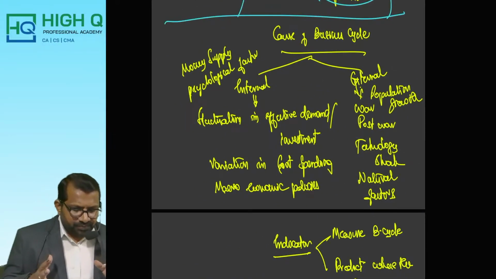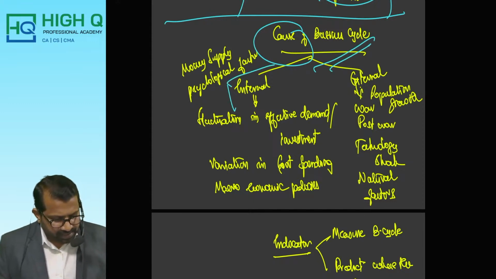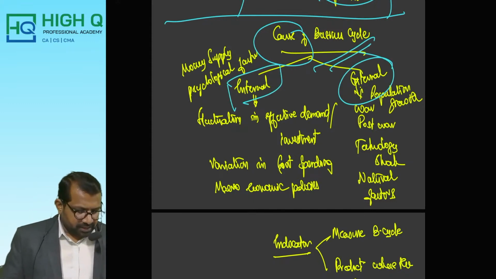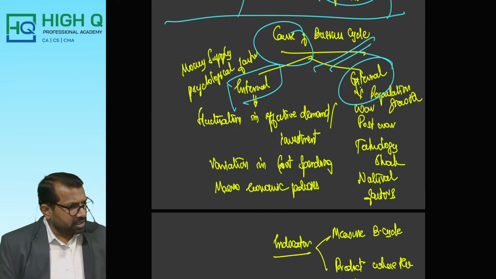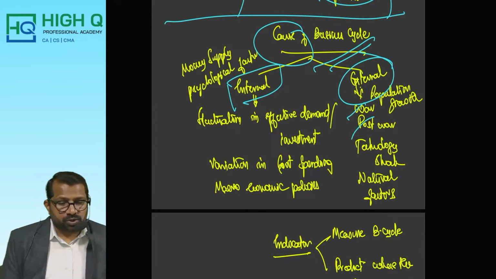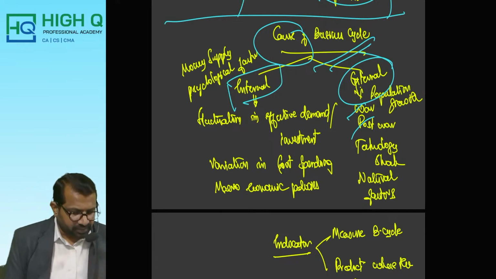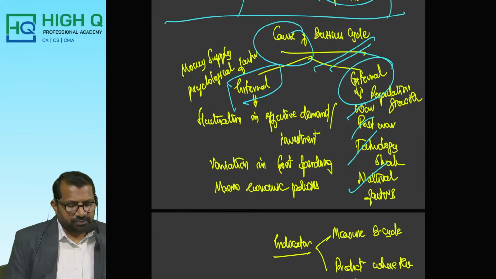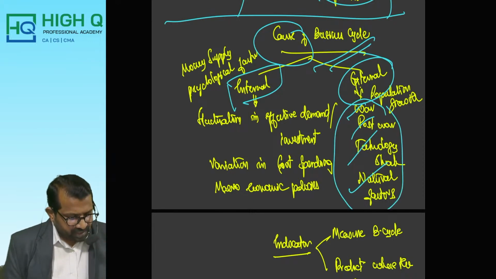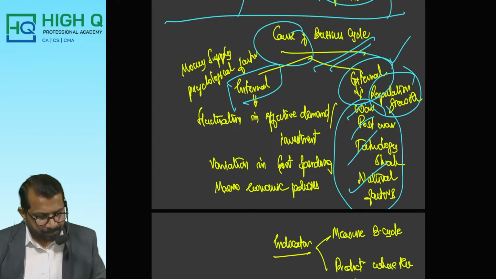So this business cycle used to be caused by 2 different factors: internal factors and external factors. Even here it is important, war and post-war, which affect the external causes of business cycle. Technology shock, natural factors, all these come under the category of external, which includes population growth.